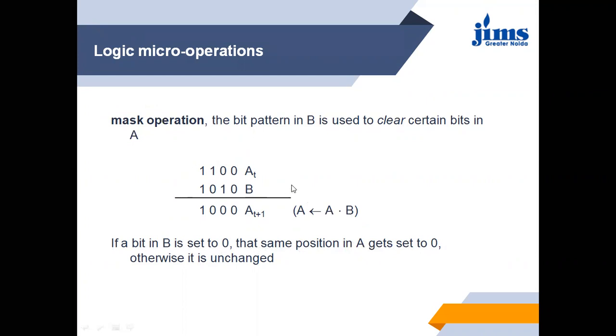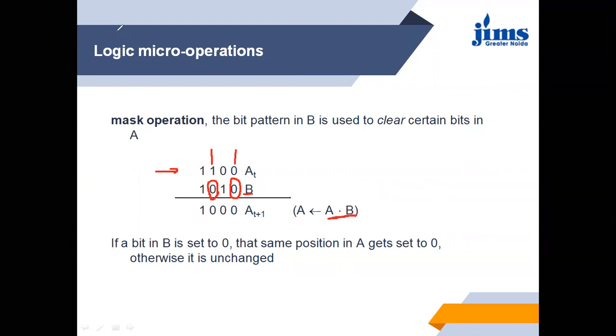When we have to clear bits in register A, say the bits at the first and third positions, then in the B register at the first and third bits we will use 0. So this is A dot B.